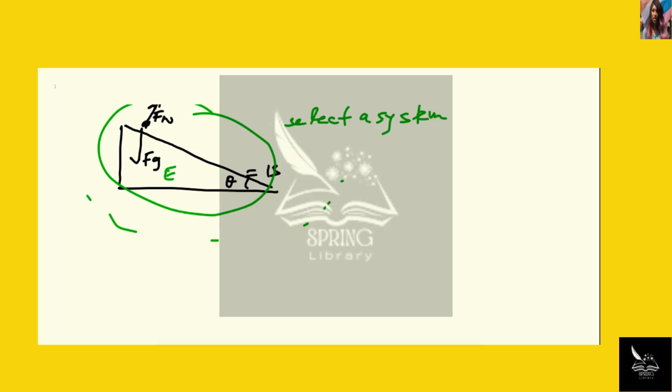Right now, since we have assumed earth as a part of our system, the external forces are doing no work on our system. The normal force is perpendicular to the direction of motion of the object.